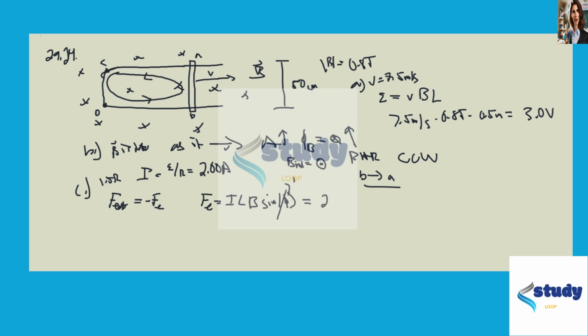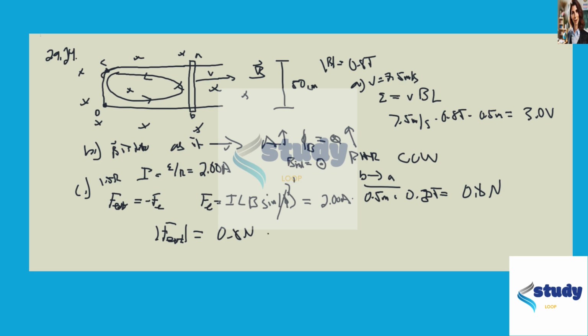So this is 2 amps times 0.5 meters times 0.8 Teslas, and this comes out to being 0.8 newtons. So the magnitude of the external force required to keep this moving is exactly 0.8 newtons, because we want it to be at constant speed, so zero net force.